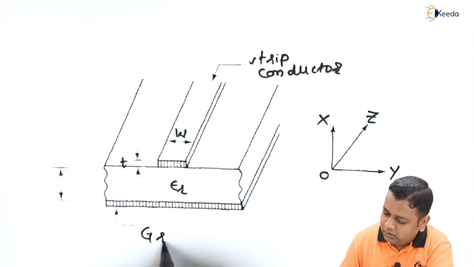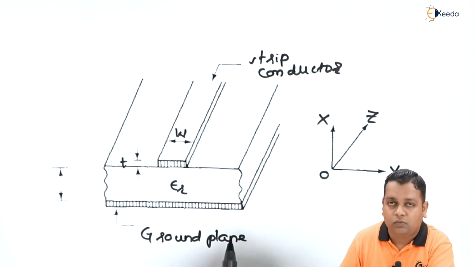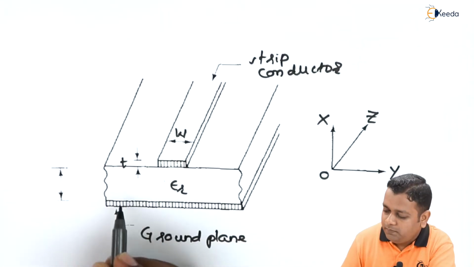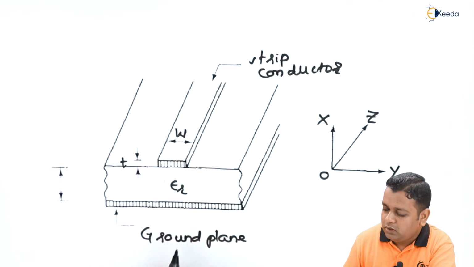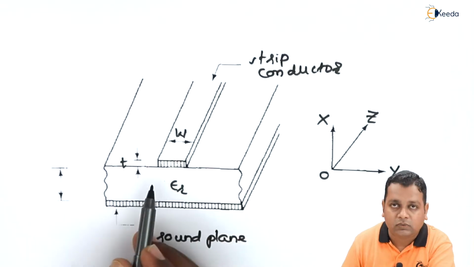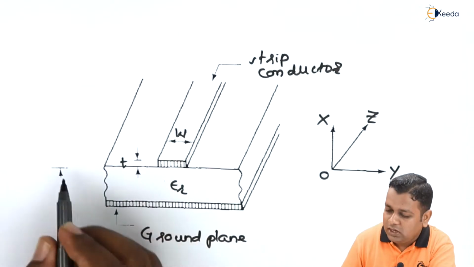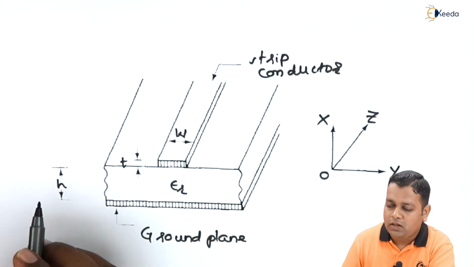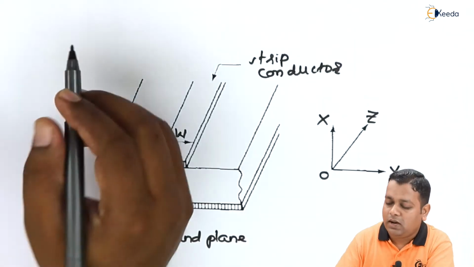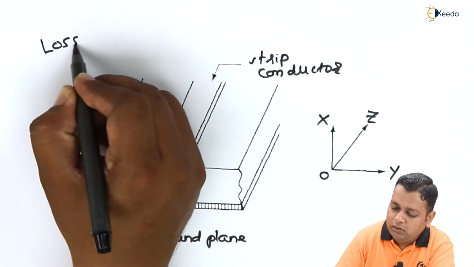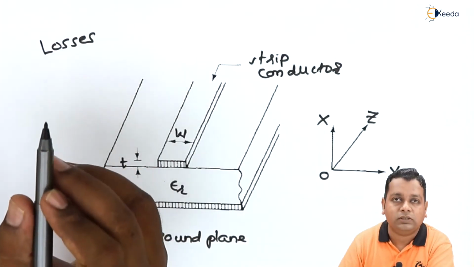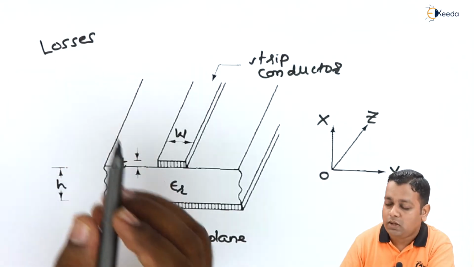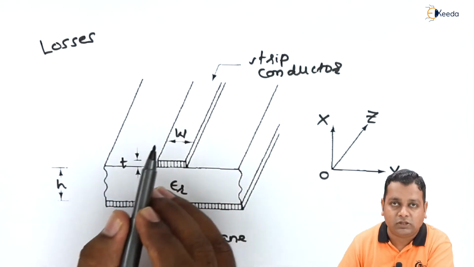I mention here this is the ground plane, and the separation of the strip conductor from the ground plane is because of this dielectric material, which has a height represented by small h. Now coming to the point that we need to account for the losses when a microwave signal is propagated over such a transmission line.